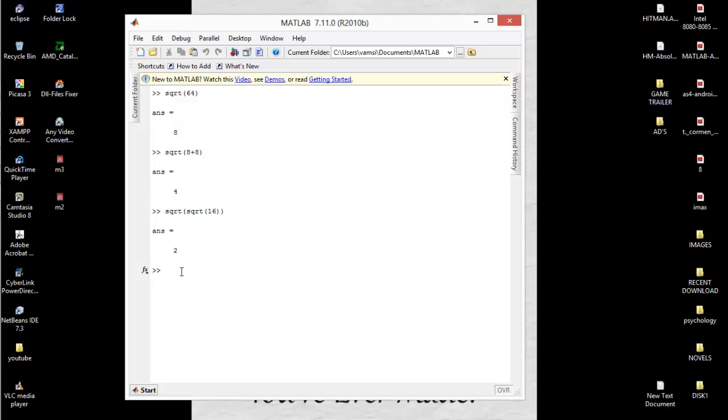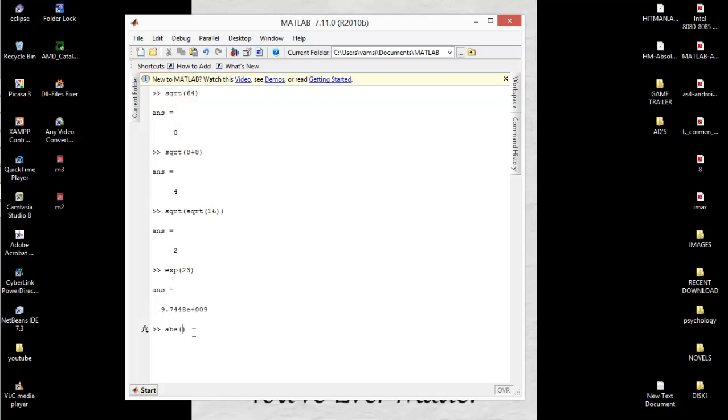Now, there are many kinds of functions. All these are built-in functions that are present in MATLAB. We have already seen the square root, and there are other functions like exponential. This exponential function gives the result in scientific notation, as you all know. Then there is the absolute function, which gives the absolute value of a number.